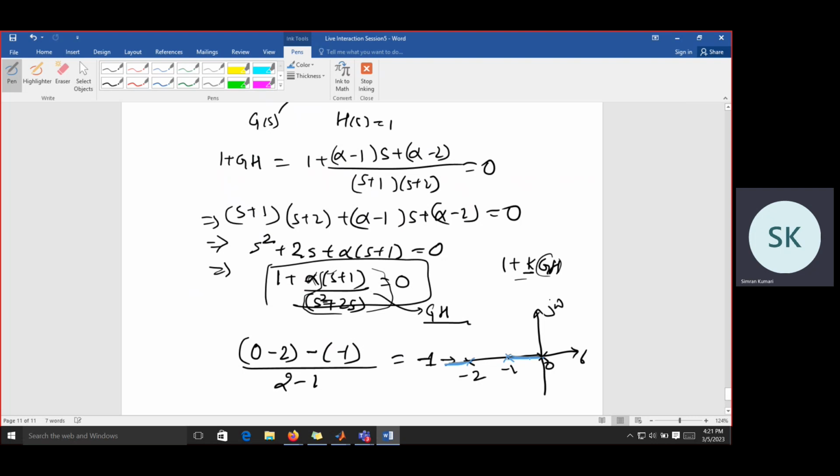Since there are three poles and no zeros, these will tend to infinity. Or I have missed, okay, I have misinterpreted. This is the zero and this is the pole. So there is one zero and two poles, and this is on the axis. So this pole is moving towards this zero and this pole is moving towards infinity. So this will be the root locus of this system.